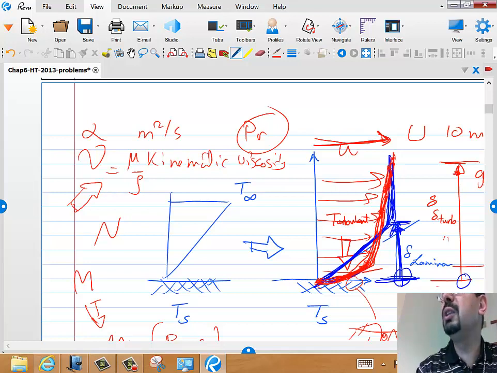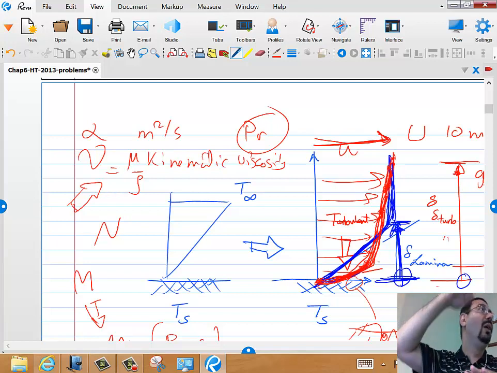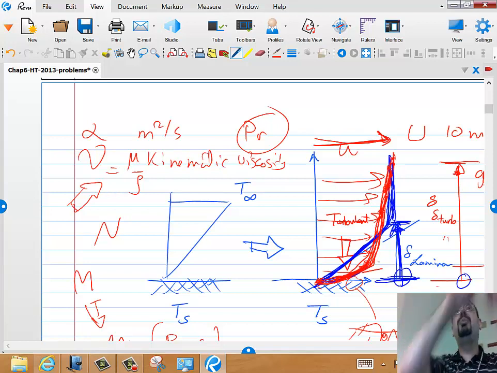The velocity at the wall is very small, but for the turbulent, the velocity near the wall is very large. Why is it very large near the wall? Right, Jesse says because the air is already moving. It doesn't just depend on the viscosity to start moving one layer after the other. No, it actually takes the velocity from the top and puts it at the bottom. And it will do the same thing for the temperature.